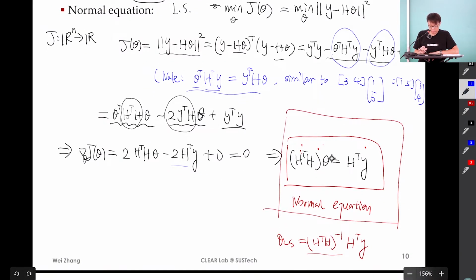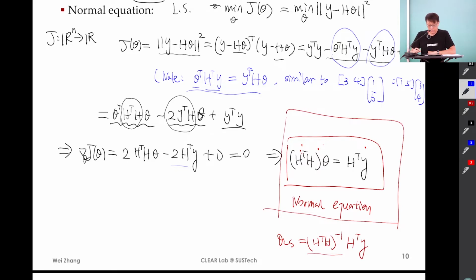Then if it is equal to 0, we obtain this optimality condition, which we call the normal equation. It doesn't matter what we call it, it's just what you get when you set the gradient equal to 0. Any questions up to this point?